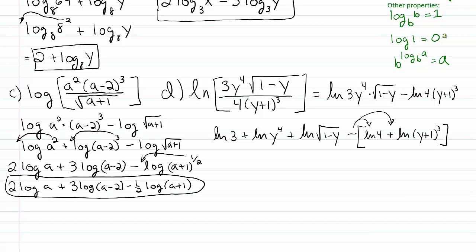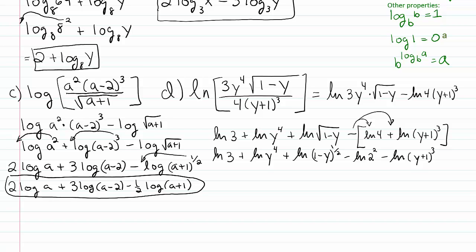So we will have ln of 3 plus ln of y to the 4th plus ln of, I'm going to rewrite this as 1 minus y to the half power. To write the radical as a rational exponent is always useful, so let's do that. Then we're going to have minus ln of 4. 4 can actually be written as 2 squared if you want. And then minus ln of y plus 1 to the 3rd.